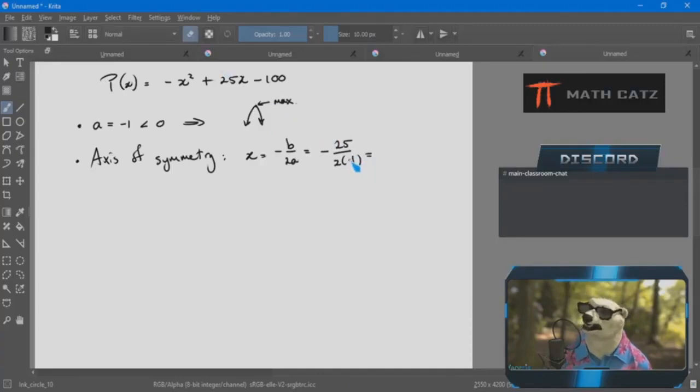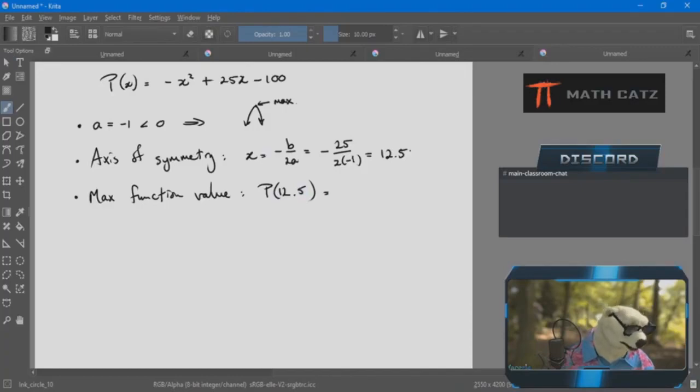Let me fix this. 2 negatives, so it's 12.5, 12.5. Now we'll summarize this in a second. Let us just find the maximum function value, which is the y-coordinate of that vertex. Maximum function value is then the function when I plug in 12.5.